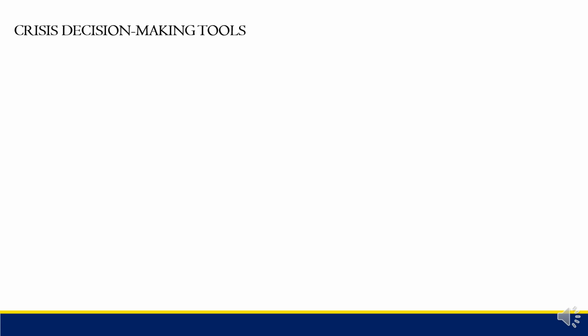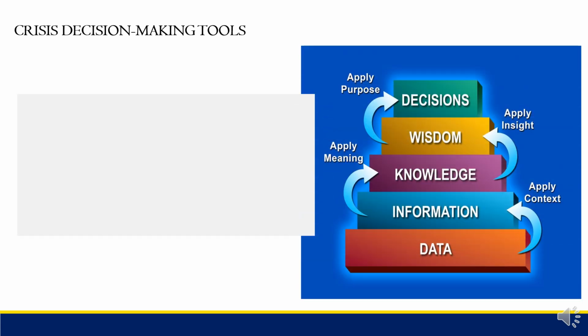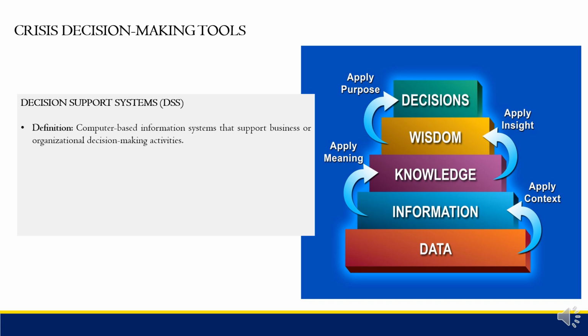Crisis decision making tools. Decision support systems, DSS. Definition: computer based information systems that support business or organizational decision making activities.